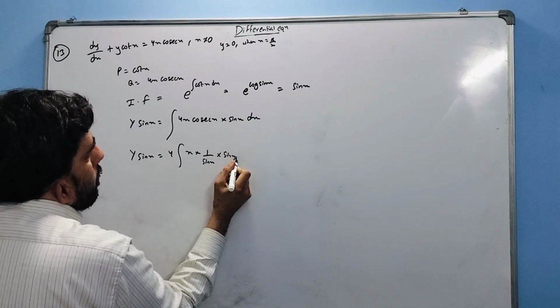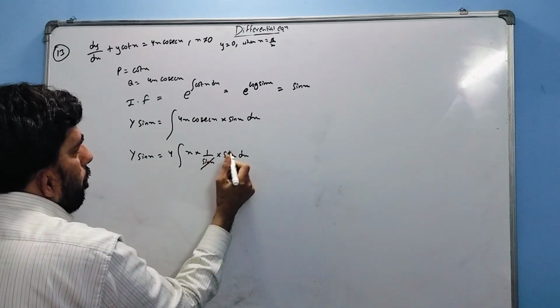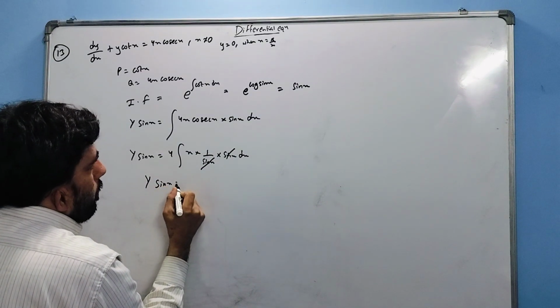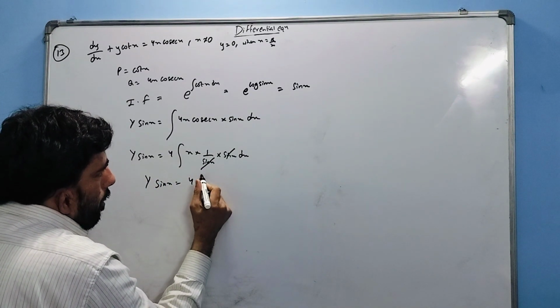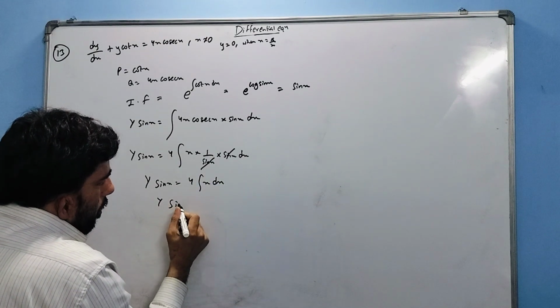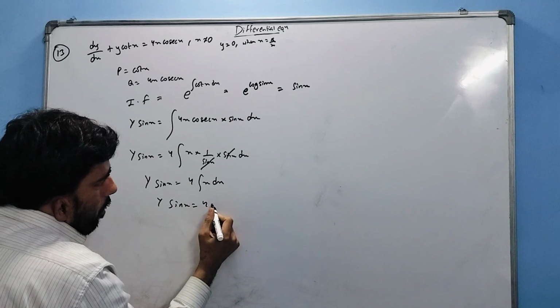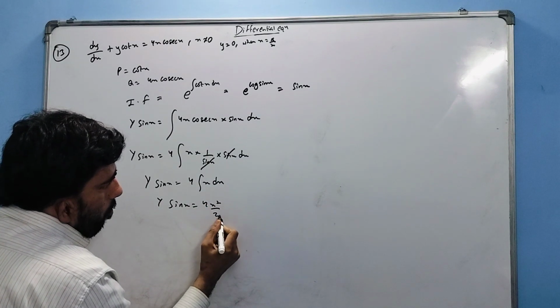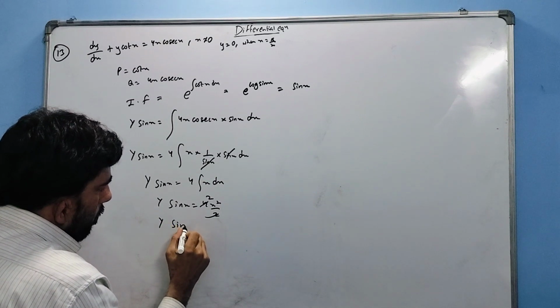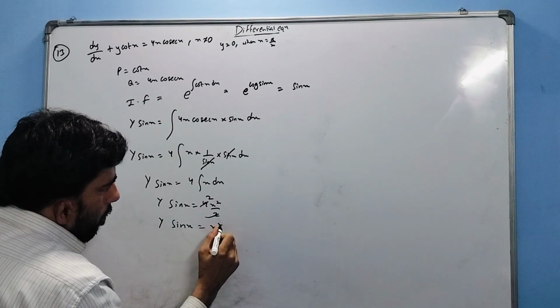So we have y sin x is equal to 4 integration of x dx. We got y sin x is equal to 4 into x square by 2. So now I have y sin x is equal to 2x square plus c.